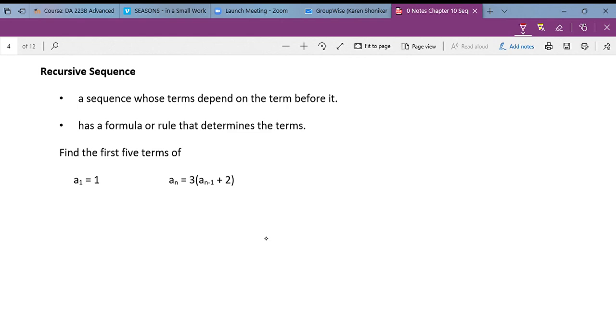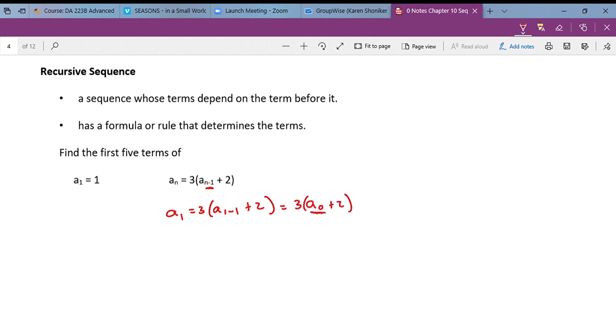And all it is that in your equation, we did talk about this in one of the ones that we came up with the general term for, but you're going to see this sort of thing happen. So if I went to say, okay, I want to find the first term, I would go a1 equals 3 times a to the 1 minus 1 plus 2, and I wouldn't really know what to do. I'd get 3 times a0 plus 2, but I don't know a0.